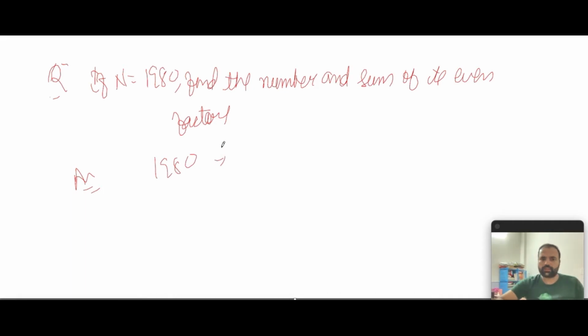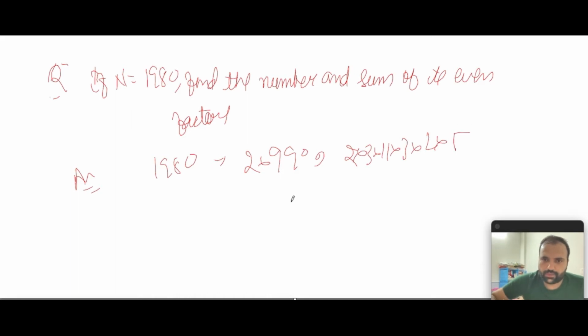We have already done this sort of question before as well, so we'll try to do it. 1980 is 99 into 20, or we can write 3 into 11 into 3 into 2 square into 5, so it should be 2 square into 3 square into 5 into 11. So what do we have now?